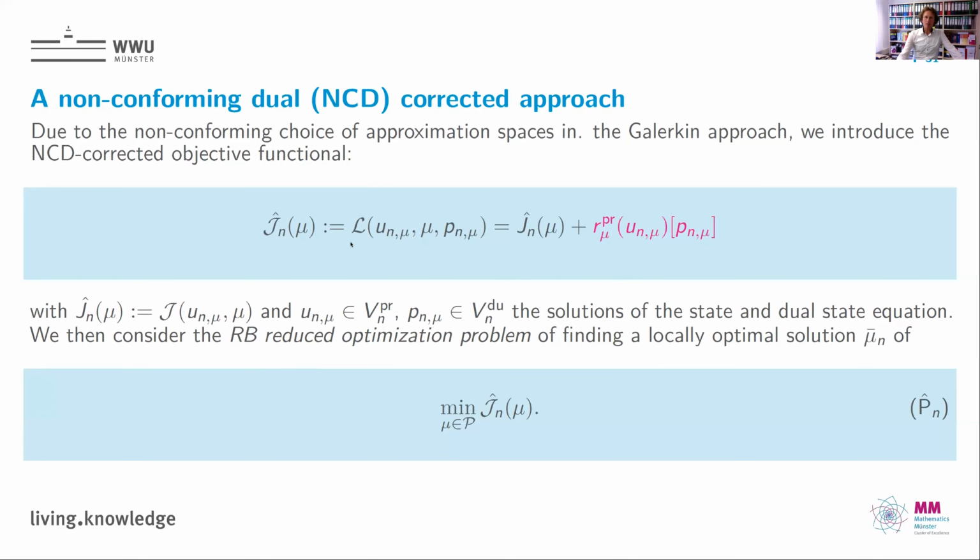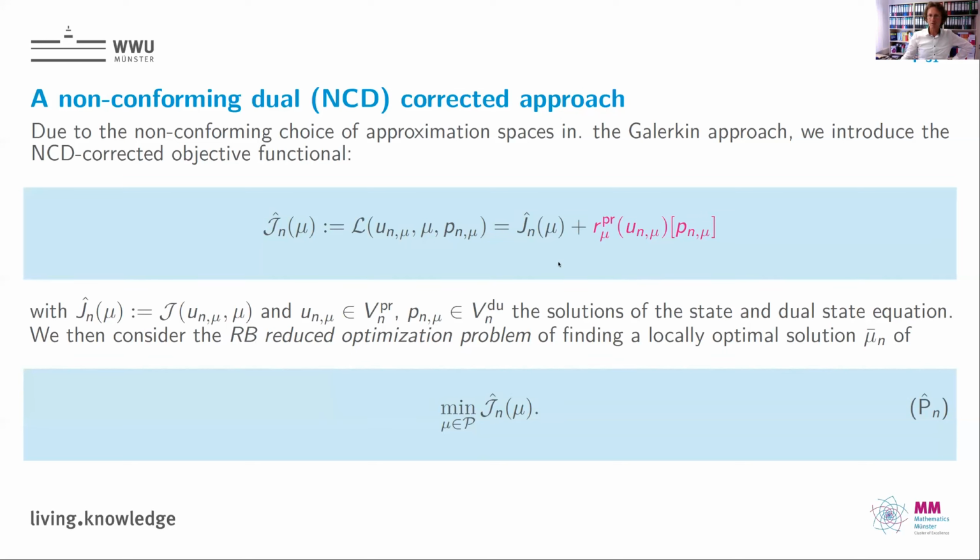If you write down this objective, this Lagrangian here, you need to take into account that you might have the situation that the solution space of the primal solution and the dual solution is not the same. And this is the target in our optimization method here, because you want to tailor the reduced spaces particularly towards the primal and dual equations.